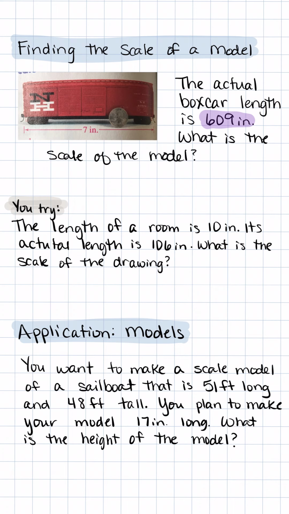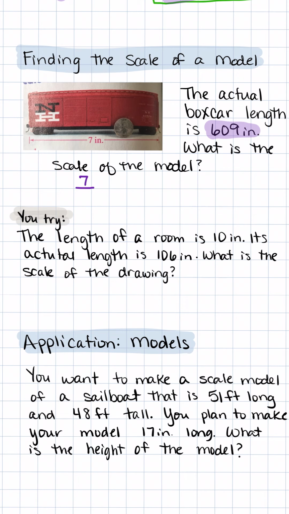So all we have to do is put 7, the length of the model, over 609. We want to reduce that. Really, we want to see how many times 7 can go into 609, because that would tell us what 1 equaled. That would put us in simplest form, which would tell us what the ratio is.